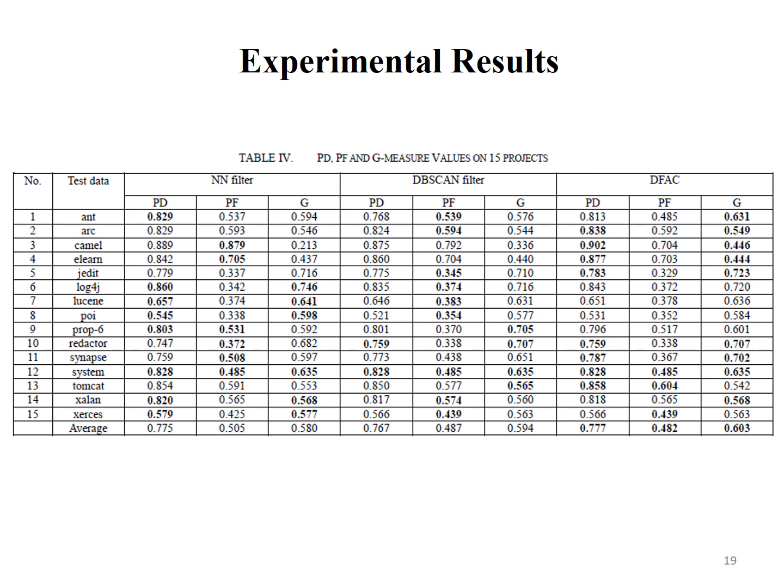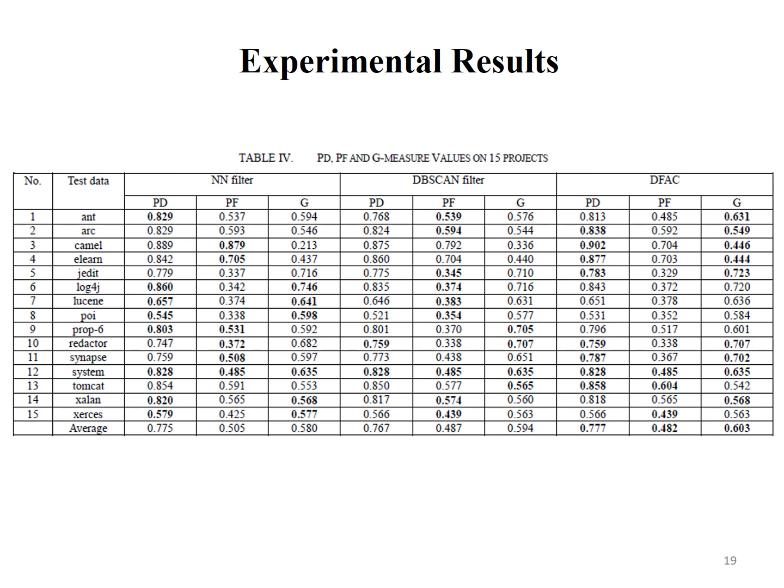It shows that the NN filter often achieves good PD, but the worst PF, so it usually ends up with a low G measure value. The performance of the DBScan filter sometimes has a lower PF value than the NN filter, but it has a lower PD value.